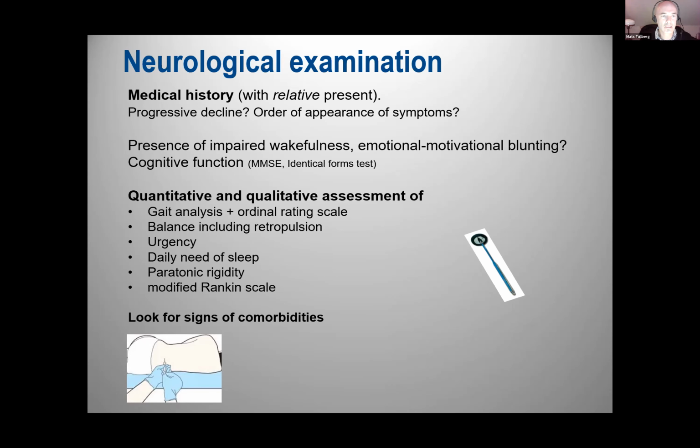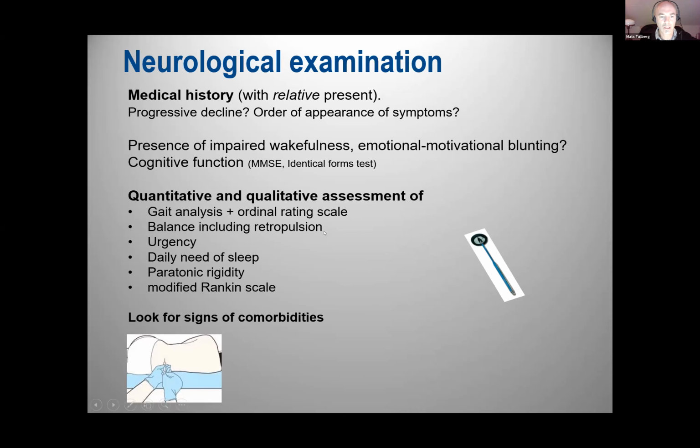You should also assess the cognitive function with some tests. You could use the MMSE as a screening tool. Of course, the neuropsychologists do more of the tests. And then it is important to try to quantify and also analyze the gait disturbance, balance.